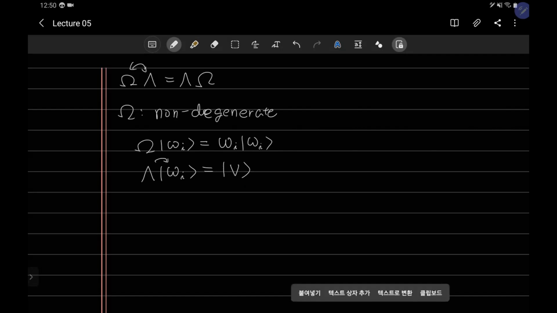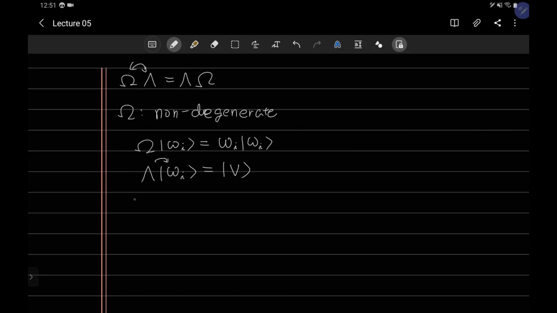However, what I'm going to prove here is that this new vector is also an eigenvector of omega if both omega and lambda commute with each other. Then how can we prove that?